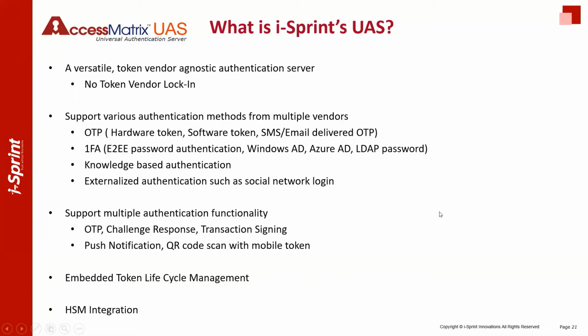And then we can also authenticate to social network accounts like Facebook or WeChat. And as shown just now, we support different authentication use cases for authentication and also transaction signing.